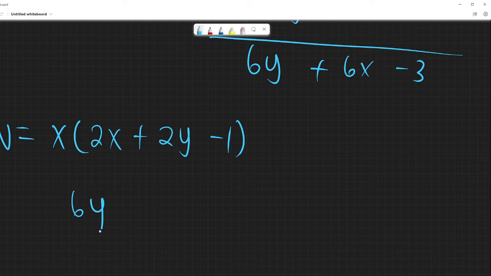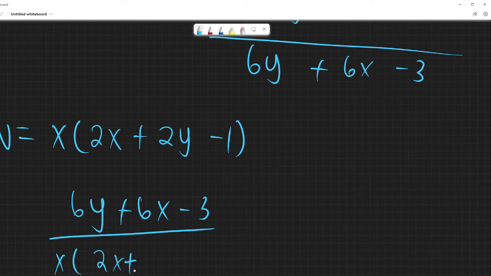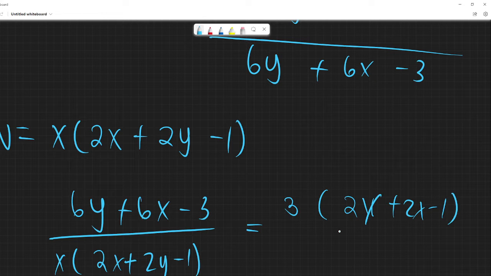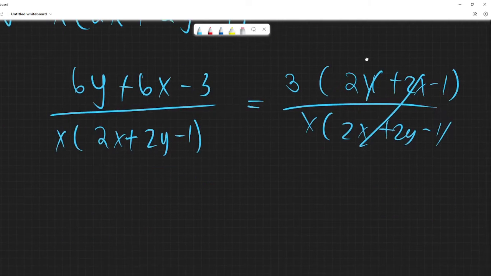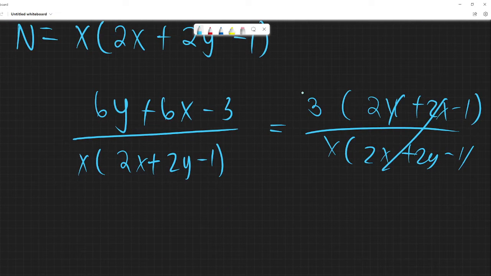Since the difference is 6y plus 6x minus 3, divided by x(2x plus 2y minus 1), this will give us 3 over x, after cancelling. So the function that we are looking for is 3 over x.